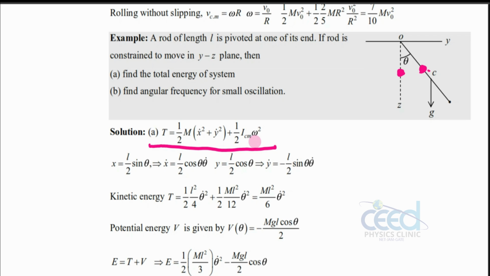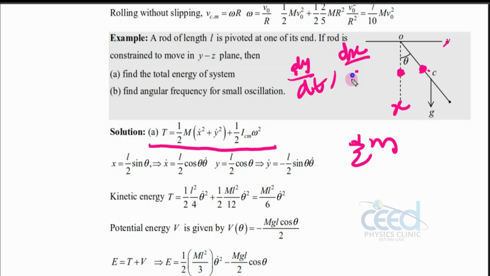Regarding the translational kinetic energy, it is half m times the velocity squared, where both x and y coordinates are changing. Suppose this is the xy coordinate, then dy by dt is the y-direction velocity, which I can write as y dot, and dx by dt I can write as x dot.